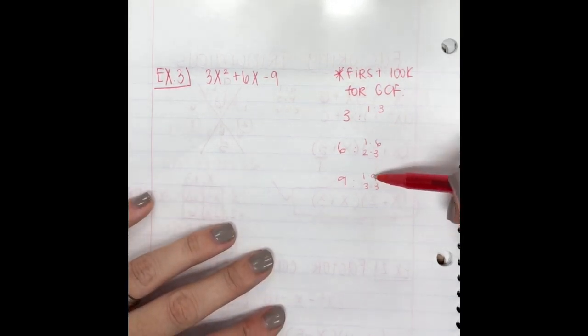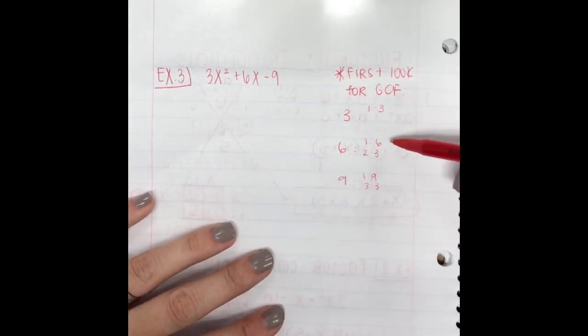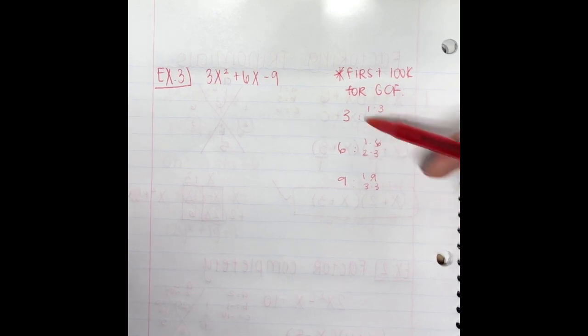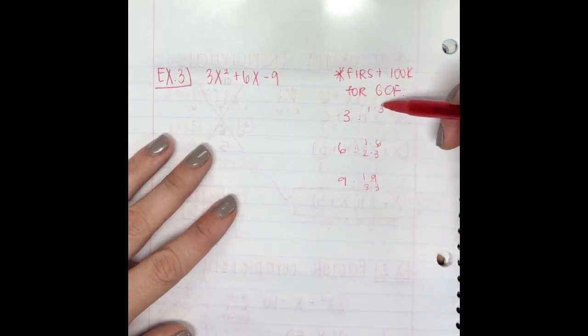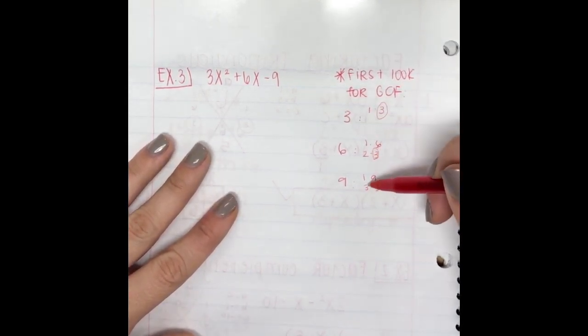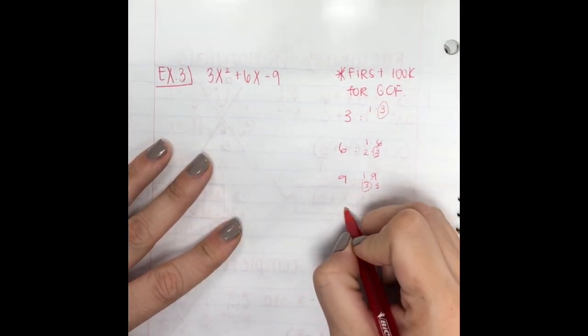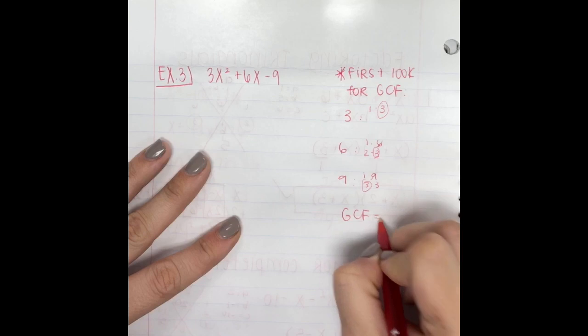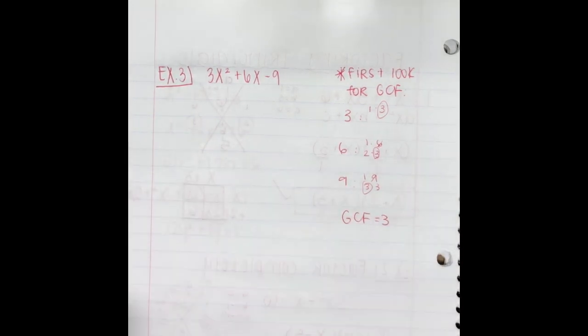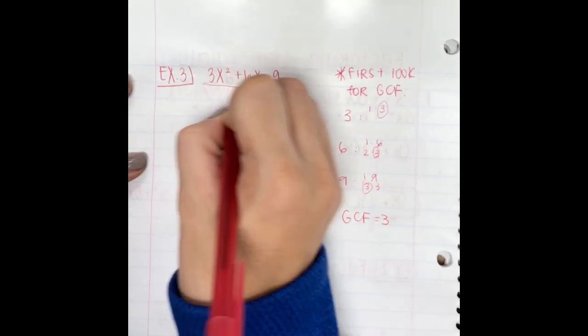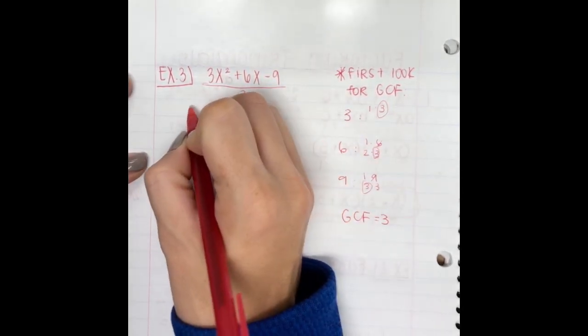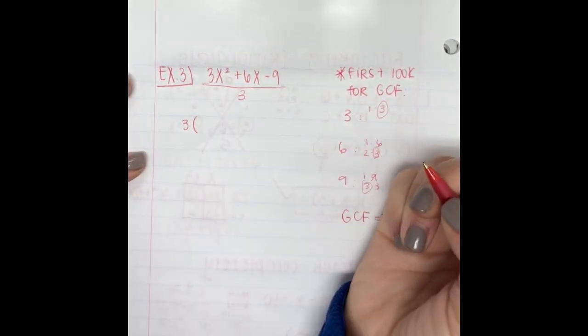So obviously it's not 9, because 3 and 6 aren't divisible by 9. It's not 6, because 3 is not divisible by 6. But they all have a GCF of 3, okay? That is going to be our greatest common factor. So what we're going to do is divide everything by 3. We're going to factor that 3 out, okay?